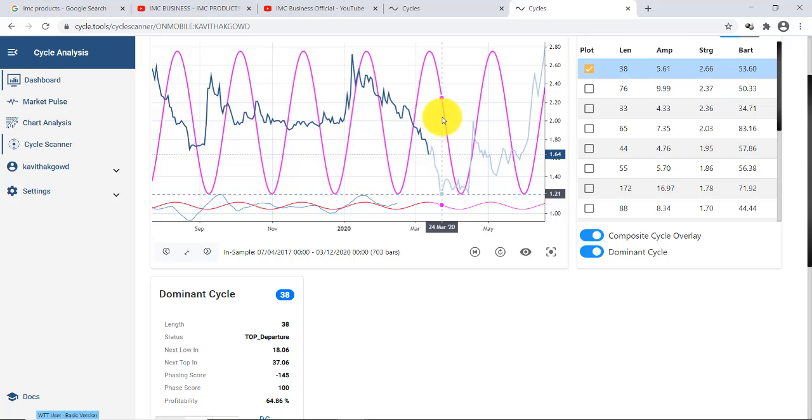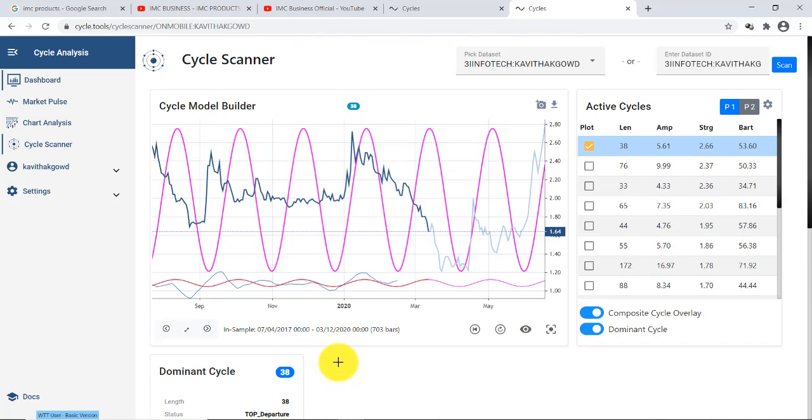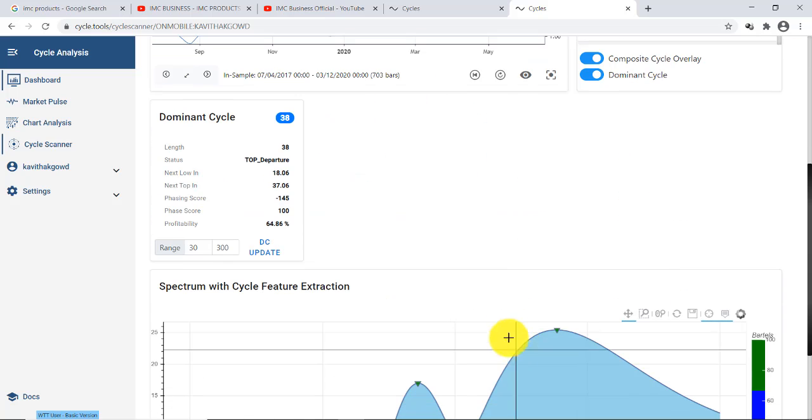So 100 plus, but here you see, top is departing, but it is not downtrend to neutral, because the downtrend to neutral starts from here, from minus 30 value. But I think it may be some problem.